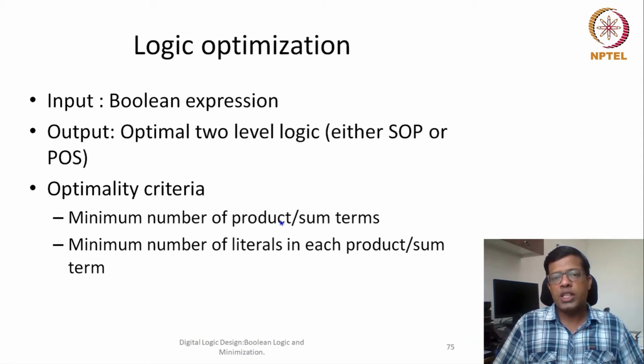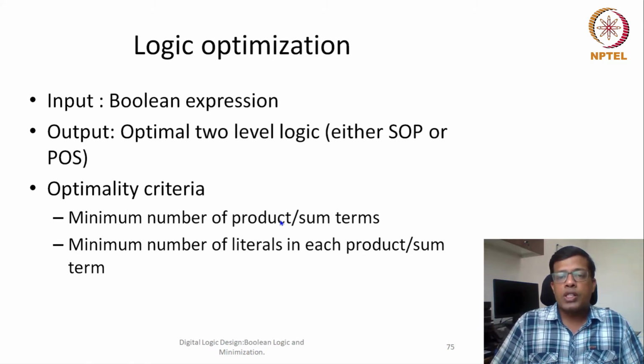The cost function in our previous lecture we treated as two points. One, the number of product terms in a sum of products should be minimum. Two, for expressions with the same number of product terms, the number of literals in each product should be minimum. With this criteria we can see which expression is less costly or more optimal.